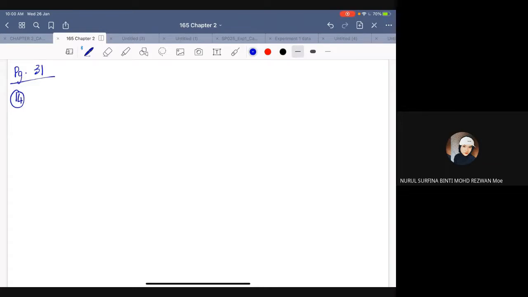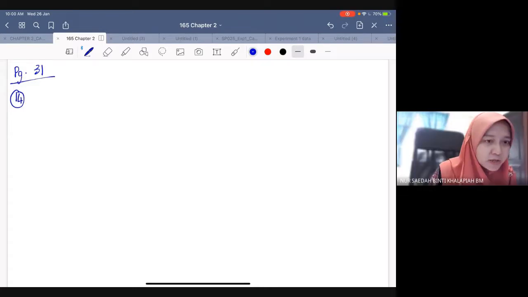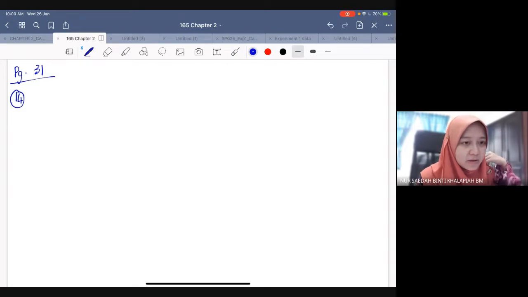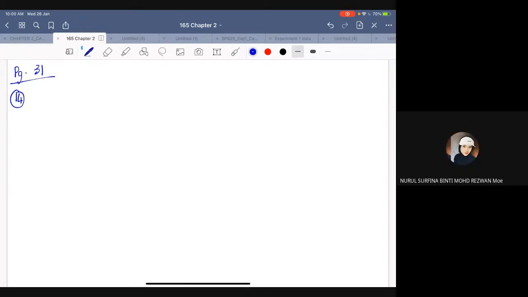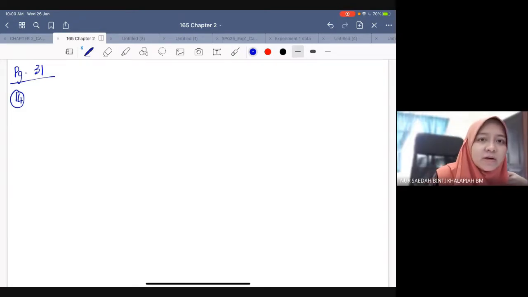Bising Madam. Diorang tengah construction. Oh, okay. So Jocelyn? Tak apa, okay. Jocelyn ada tak? Madam sekarang ni dah susah dapat respon daripada student.